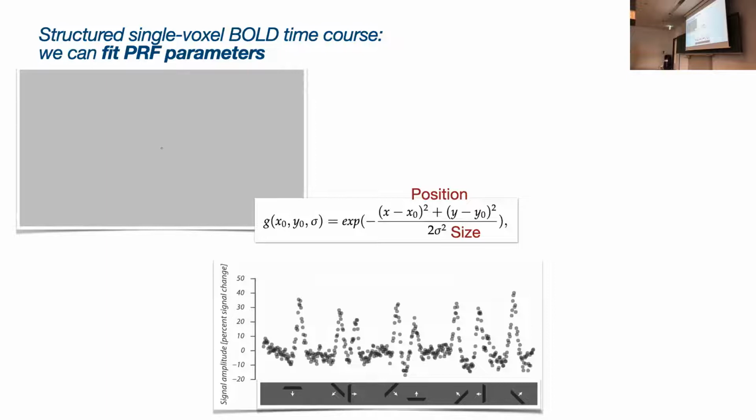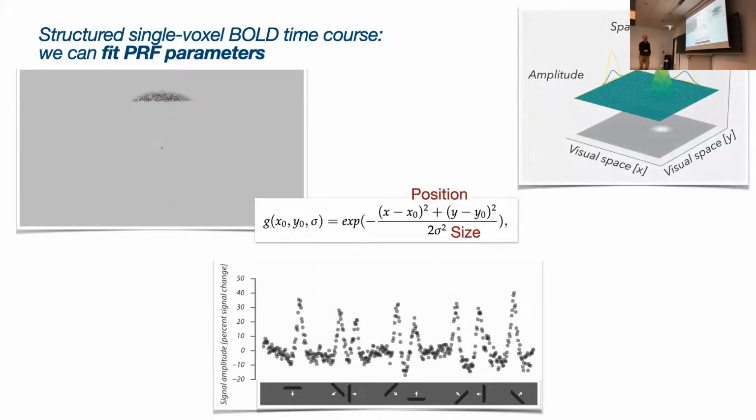So you can already infer that if these two are close together, it means that this activation happens late in this bar pass, as we call it, and early in this bar pass. And this means that likely this voxel likes a portion of the visual field that's at the left bottom, because these two are very close together.